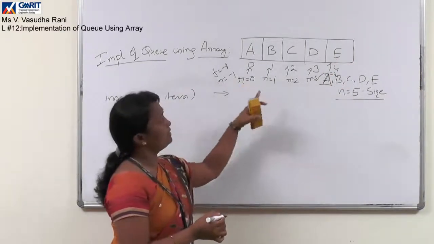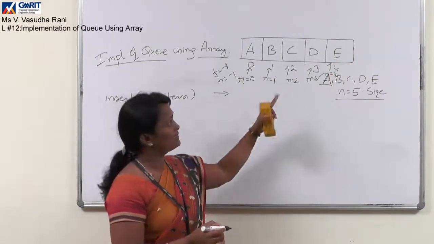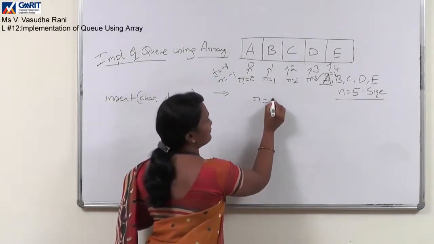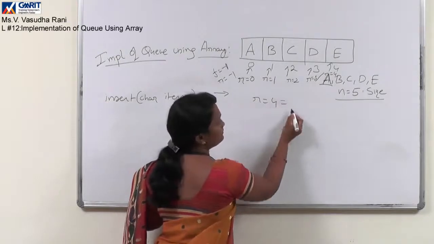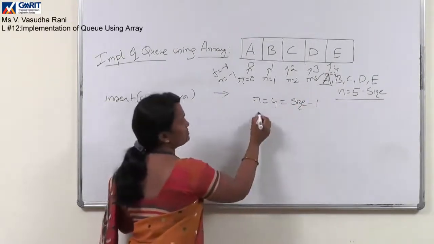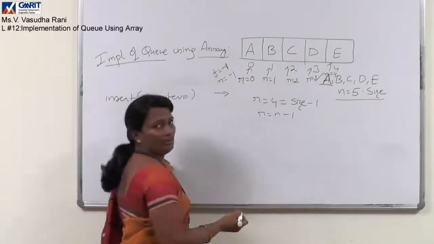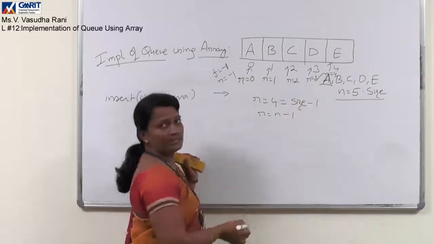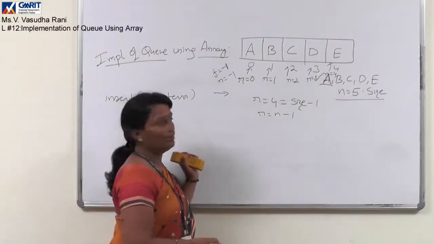Now we can see that the queue is filled with all 5 elements, and our rear reaches 4, which is equal to size minus 1. And once rear reaches n minus 1, we can see that the queue is full and we can't insert a new element into the queue.